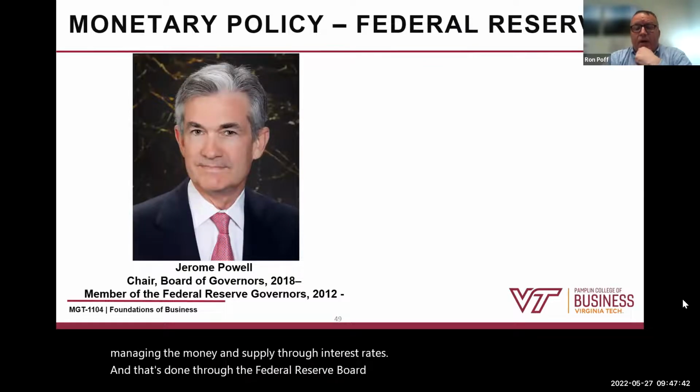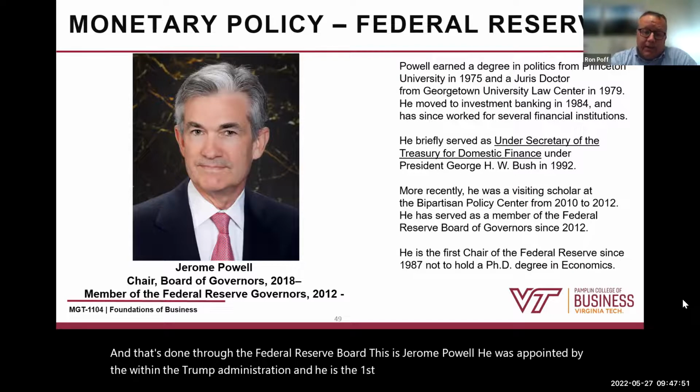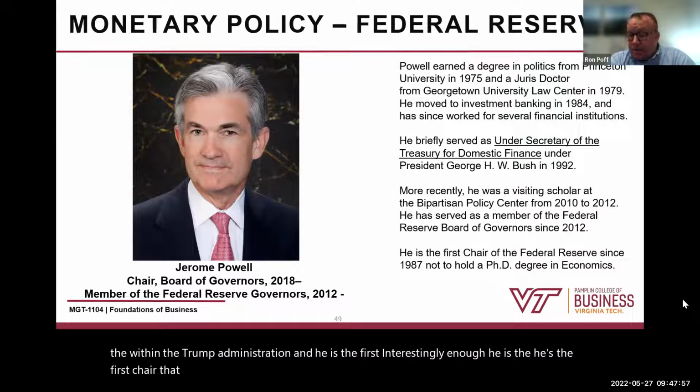This is Jerome Powell. He was appointed within the Trump administration, and he is the first. Interestingly enough, he's the first chair that does not hold a PhD degree in economics since 1987.